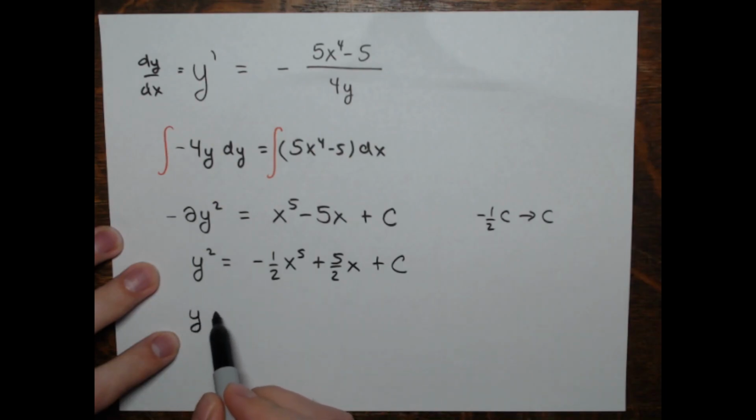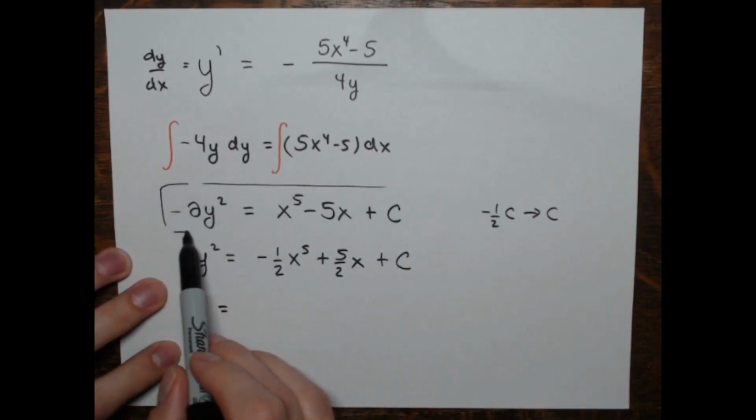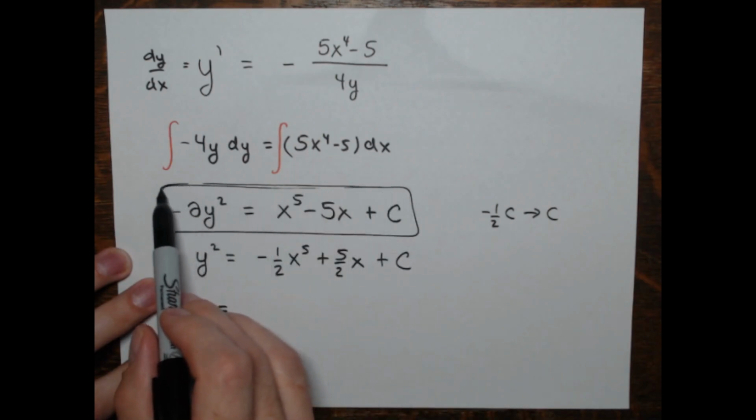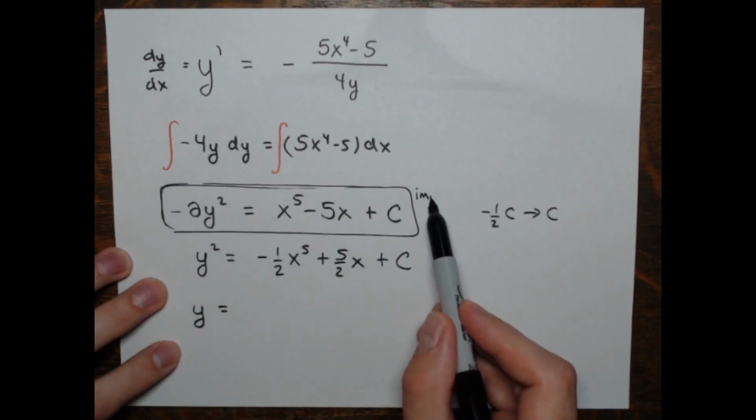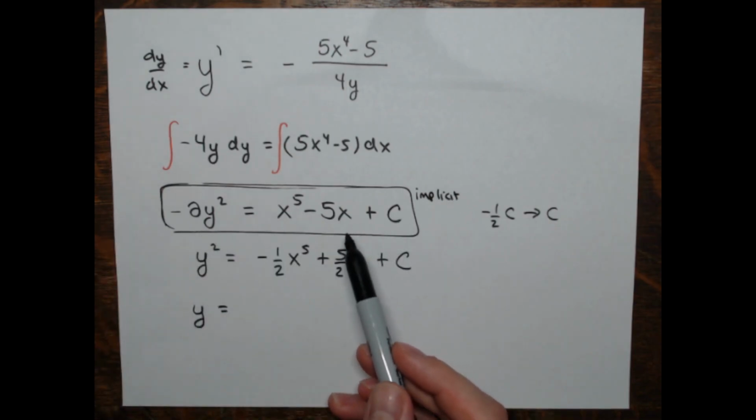All right, now I know that technically we should have plus or minus. When after integrating here, right, this is the implicit solution right here. This is our implicit solution, where y is implied to be some function of x.